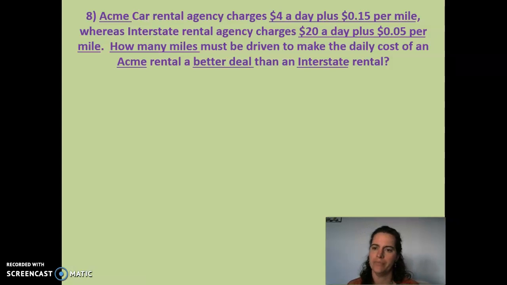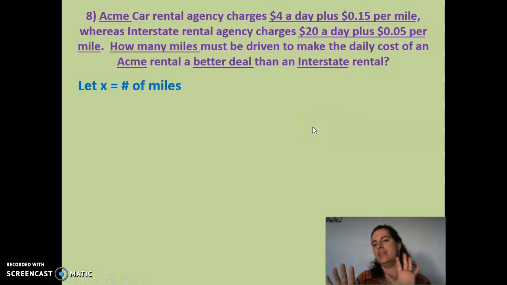Rental Company? Okay, so let's start with letting X be the number of miles, right? Because we're going to compare Acme to Interstate, and we want Acme to be a better deal. So we want Acme rentals to be smaller than the Interstate rentals, right? We're going to have charges for Acme, and charges for Interstate.